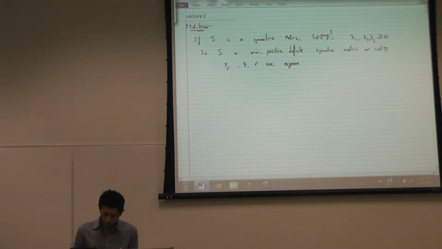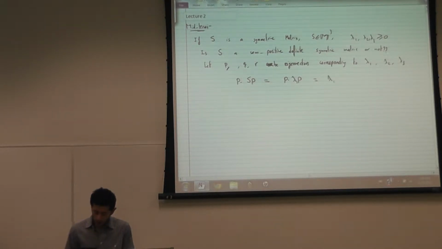eigenvectors corresponding to lambda 1 and to lambda 3, then we know that P dot SP is equal to lambda 1 P dot P. Lambda 1 is a number.